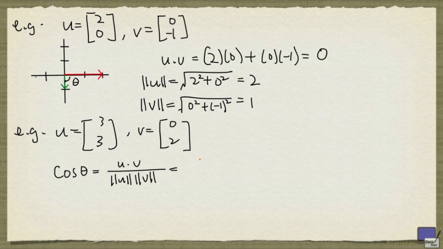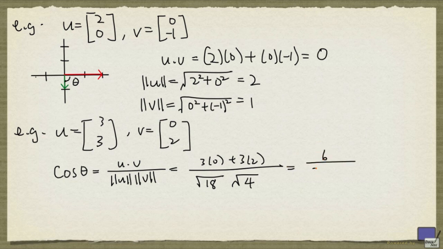And u dot v is 3 times 0 plus 3 times 2, divided by the norm of u, which is the square root of 18, and the norm of v, which is the square root of 4. And so this is 6 divided by 3 times the square root of 2 times 2, and that is 1 over the square root of 2.